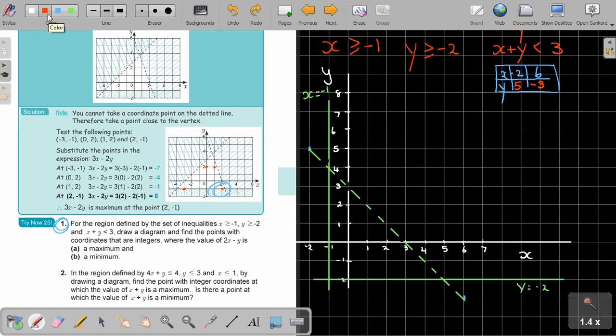I can only choose a point which is close to that point. So let's see what points I'm going to choose. I can take this point, that point will work. I can take this point, that's all right, because it's solid lines. Again, I think I will take this one. So let's just write down the points.